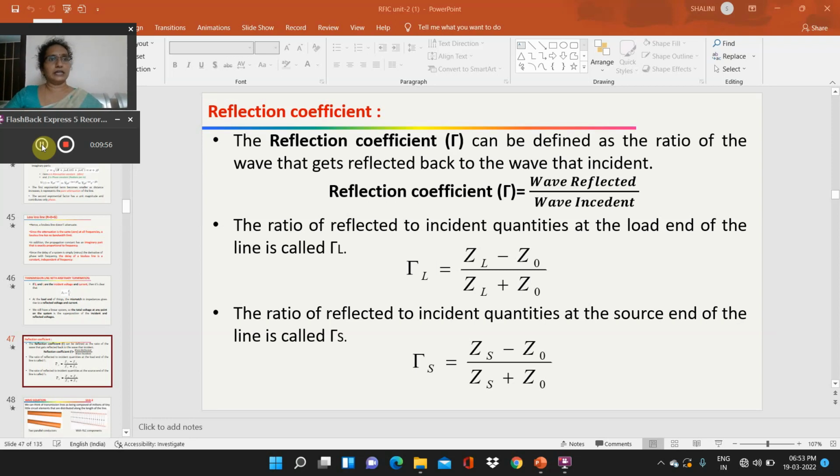Gamma is equal to (VSWR minus 1) by (VSWR plus 1), and VSWR is equal to (gamma plus 1) by (gamma minus 1).